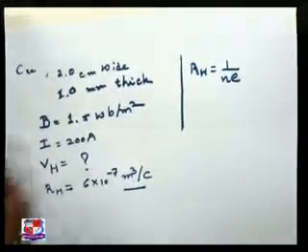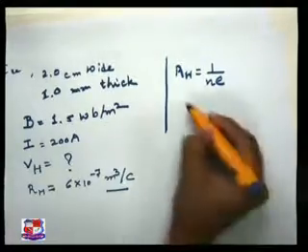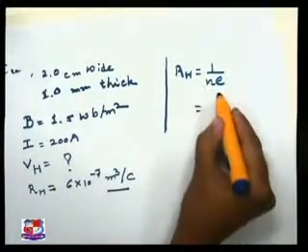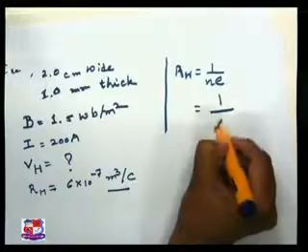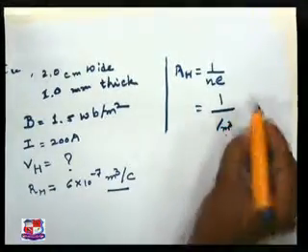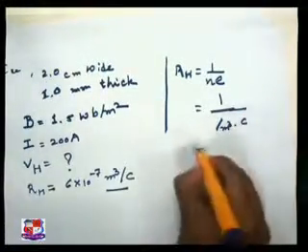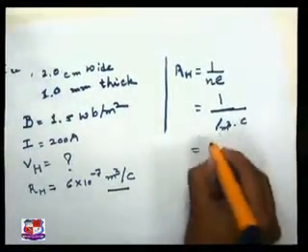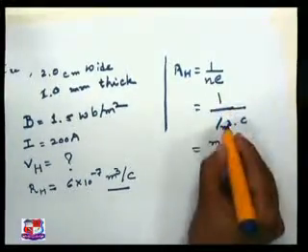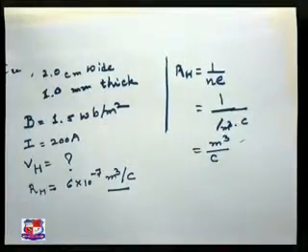We are just deriving, the byproduct of this example is the derivation of the unit of RH. What is the unit of N? It is actually charge carrier concentration. It can be measured per meter cube. And what is the unit of e? It is coulomb. So we can derive the RH unit as meter cube per coulomb.